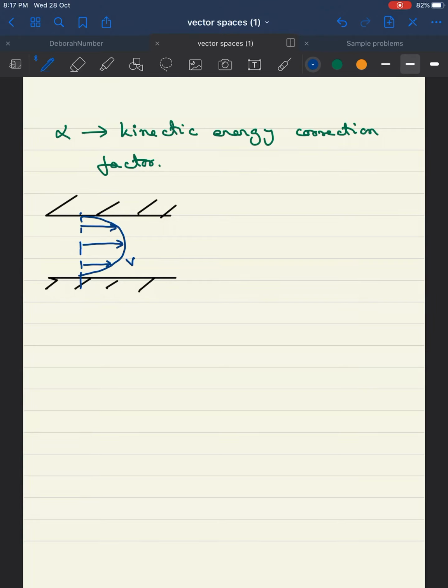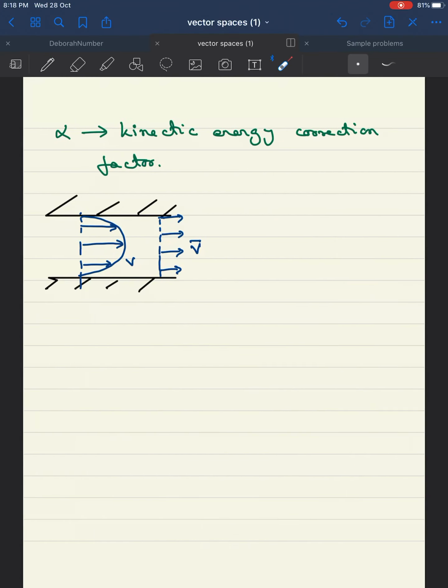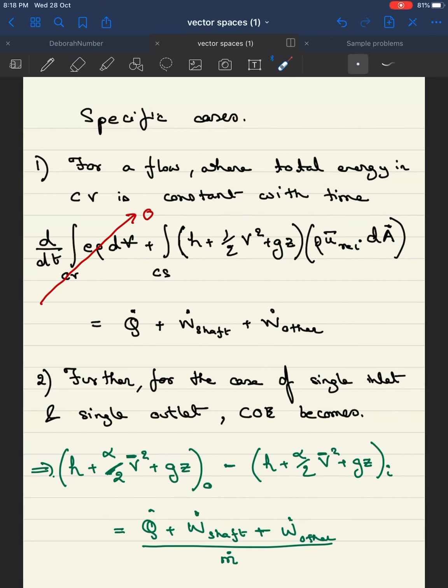So this is V, but V is a function of the spatial location. So when you do this integral, you have to account for the fact that V is varying at every point of this cross section. What we are trying to do is replace this V with an average velocity that we just multiply with the m dot term, the mass flux. So this V bar is not going to be the same as V, and that is why we have to have an alpha term to account for that.